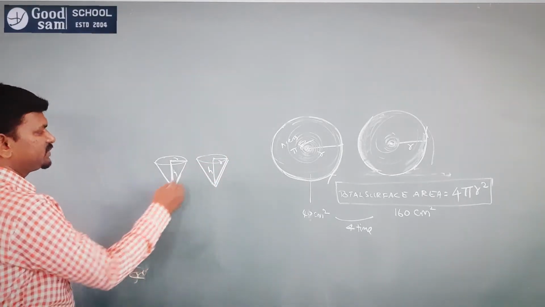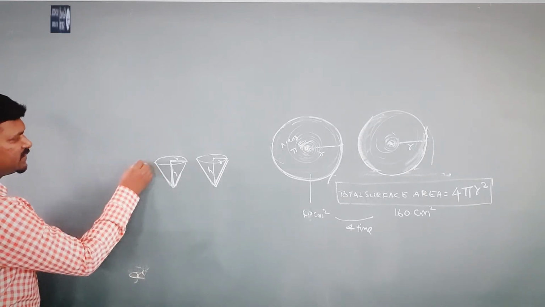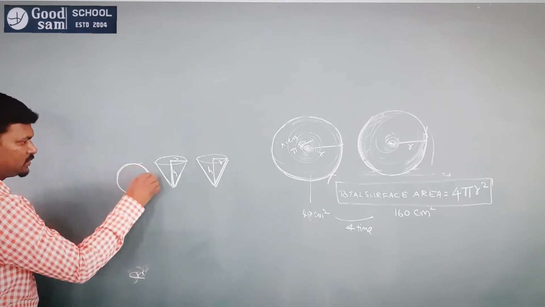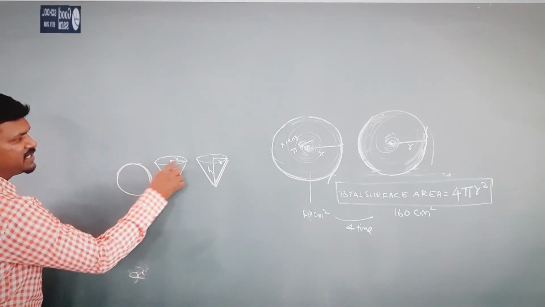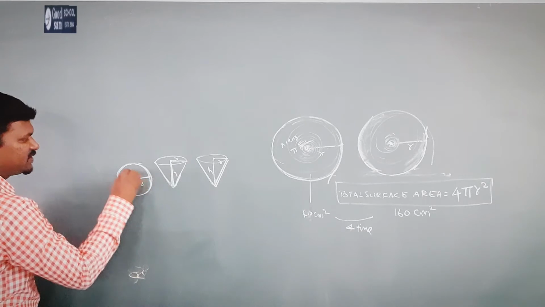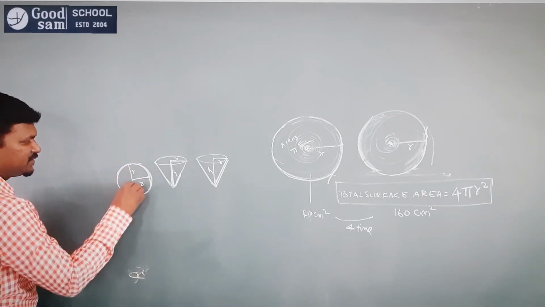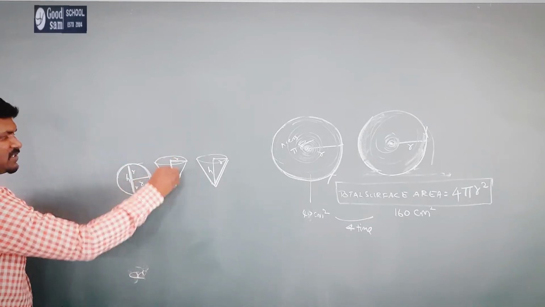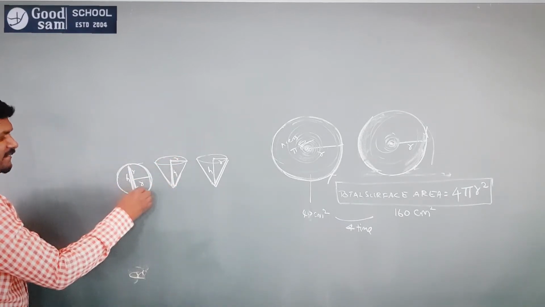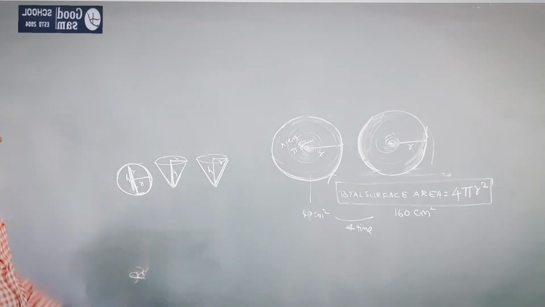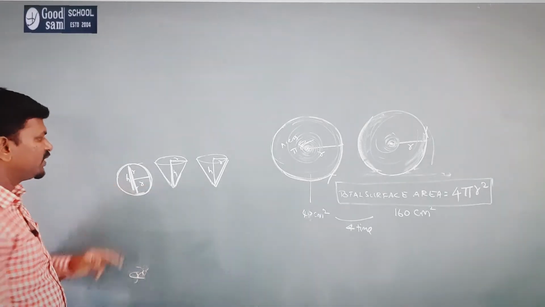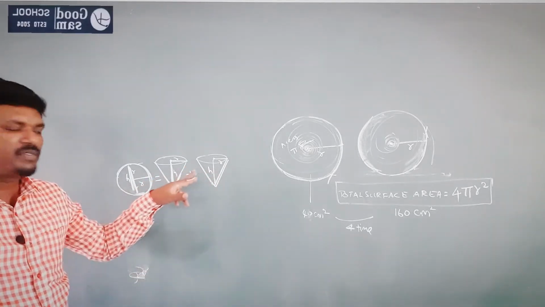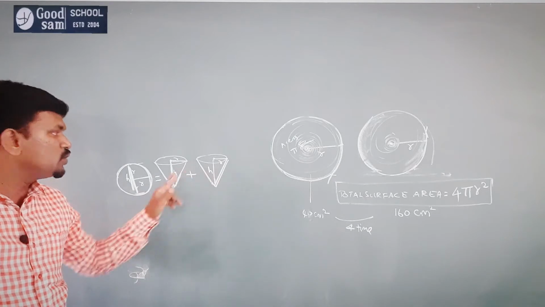Then take a sphere with the same radius, and the height equal to the sphere's diameter. So this h and the h are the same. This volume of the sphere will be equal to the sum of the volumes of these two cones.